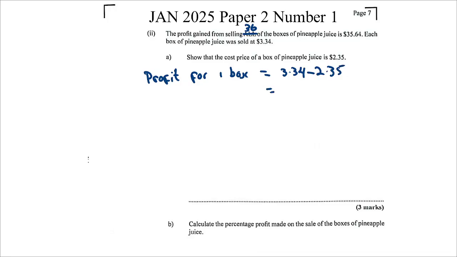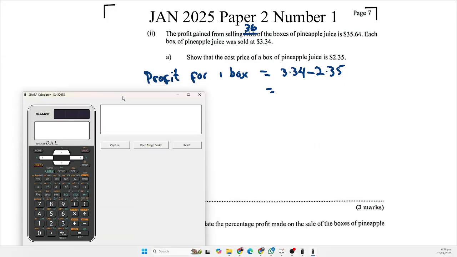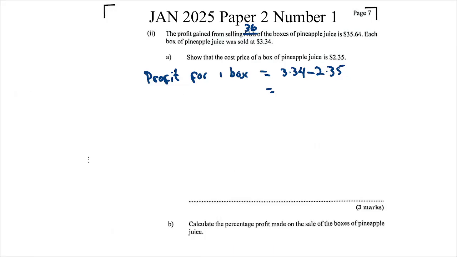I'm going to use my calculator. 3.34 subtract 2.35 equals 99 cents. So the profit for one of these is going to be 99 cents.